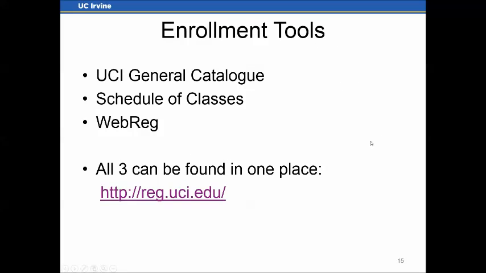All right, the enrollment tools that you're going to use basically emphasize using the general catalog. Get used to referring to that if you have questions. If you're home and you can't come into the office, and you need more clarification, of course, get online to the general catalog. We don't have a physical copy. It's all online. You can access it anytime. The same thing with the schedule of classes, and the same thing with WebReg.